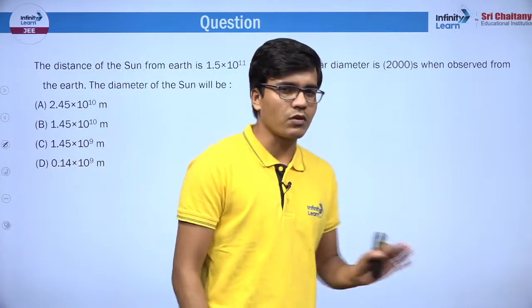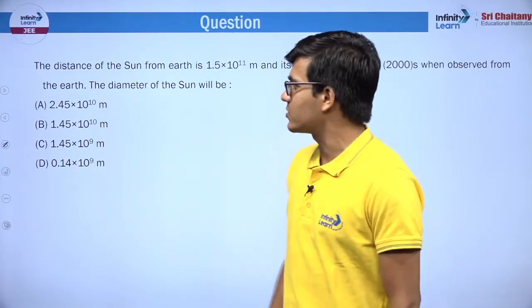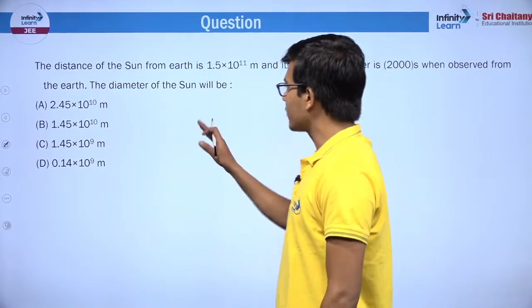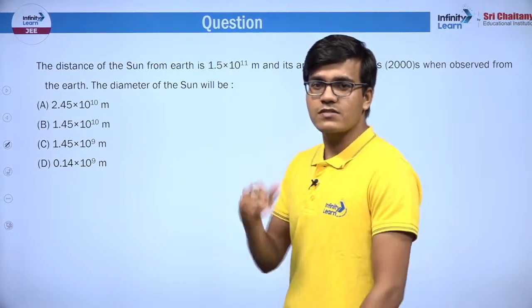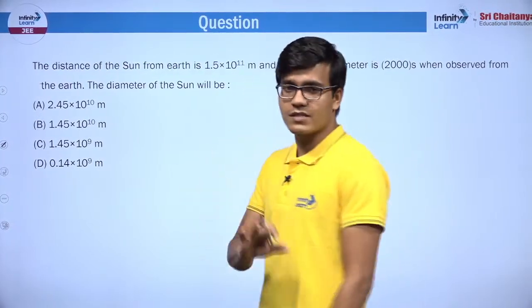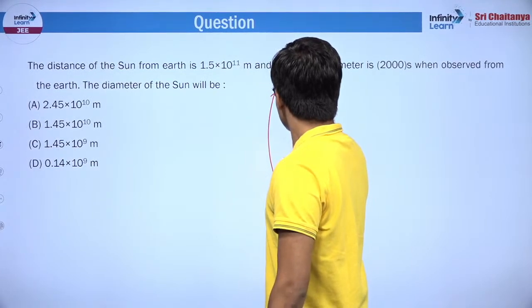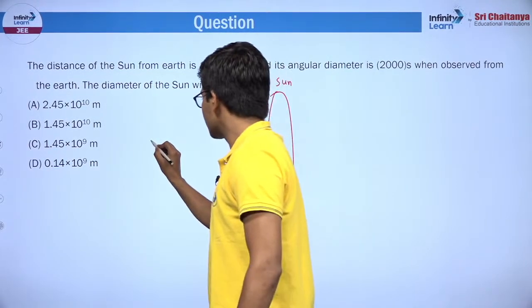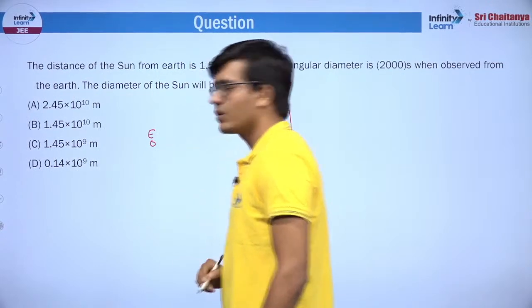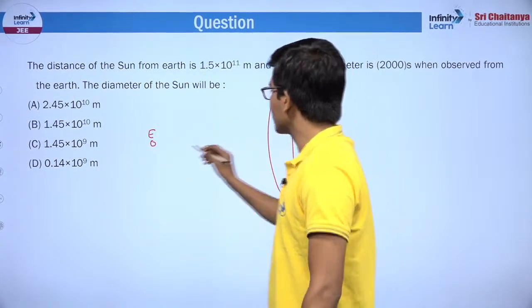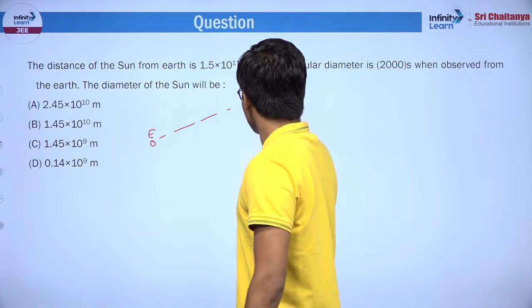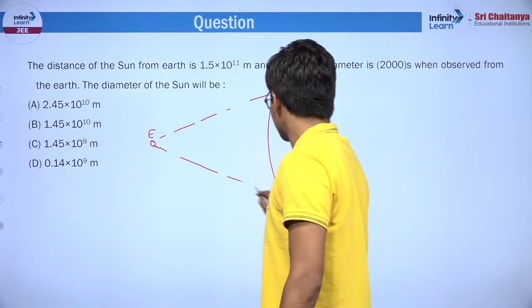This is a question from basic math and approximation. The distance of the sun from the earth is given. Let's say this is the sun and there is the earth. If you are standing there and want to see the diameter of the sun, it will be something like that.